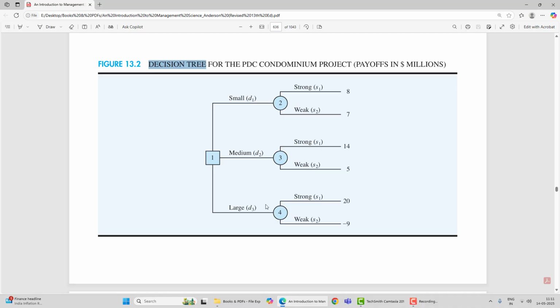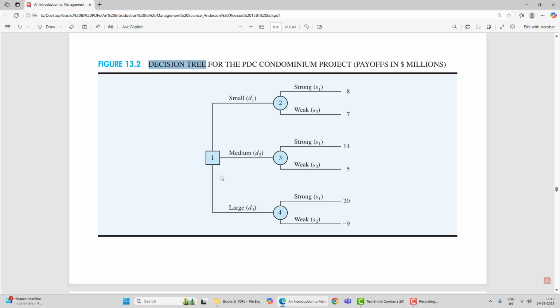These first three branches of the tree are our decisions, and at the end of each decision we have the states of nature. The states of nature are shown as circles. So we show the first circle, second circle, third circle, and each circle has branches representing the states of nature: strong S1, weak S2, strong S1, weak S2, strong S1, weak S2.